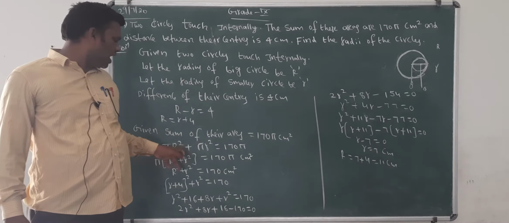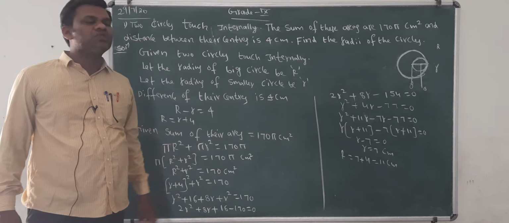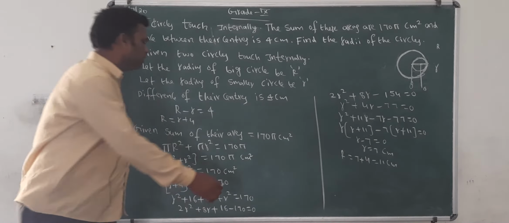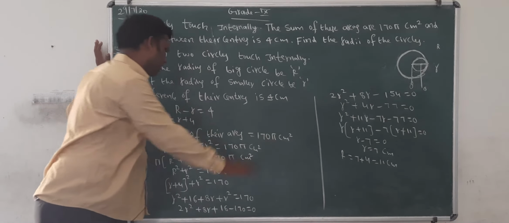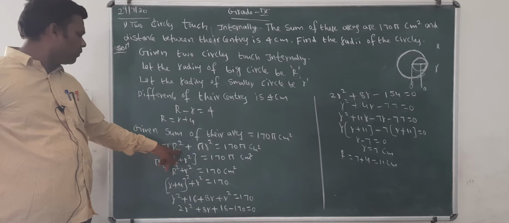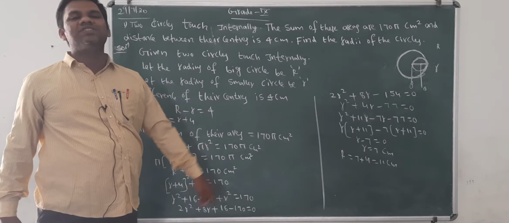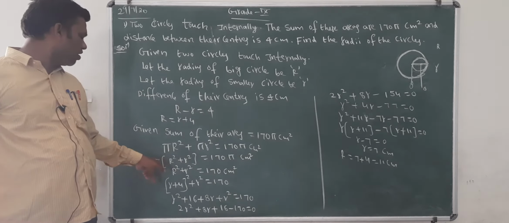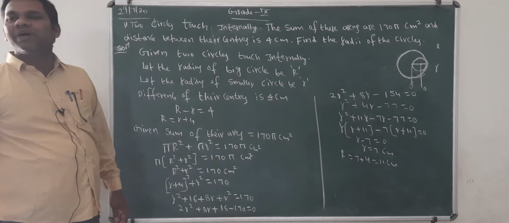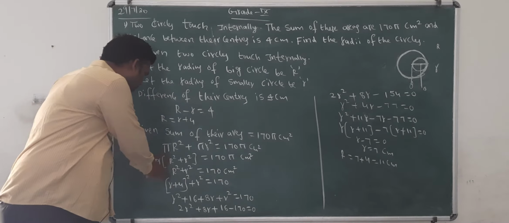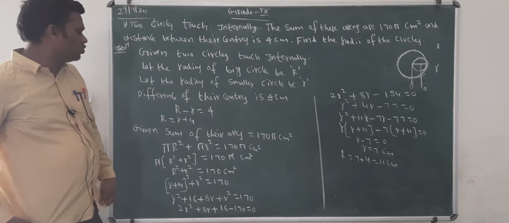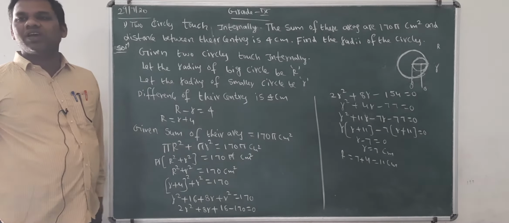So pi capital R square plus pi small r square equals 170 pi centimeter square. Taking pi common, and the pi will get cancelled, capital R square plus small r square equals 170 centimeter square.